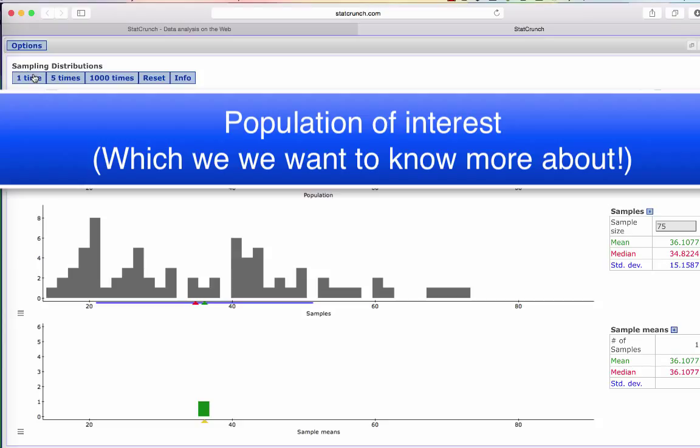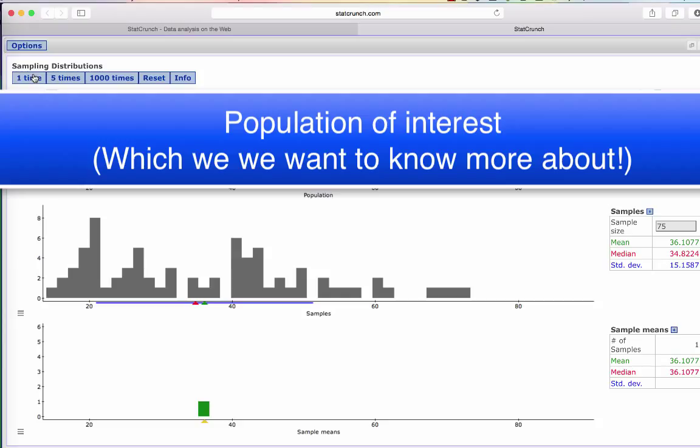Now, I took one sample, and in the real world, this might be the only sample that I have, because we know that studies take time, they take a lot of money, and we might not be able to hold multiple replications of our investigation. In other words, I'm not going to be able to continually take samples, find the sample mean, and construct the sampling distribution.